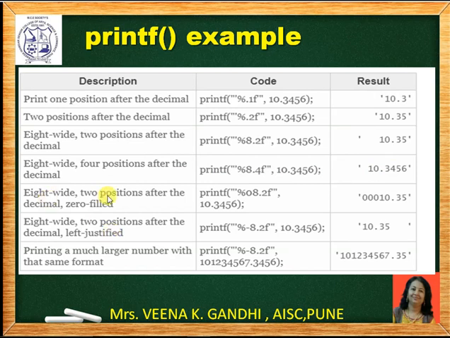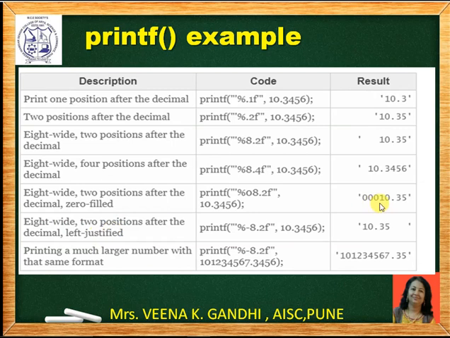Then 8 wide, 2 positions after the decimal but 0 filled, means 8 wide and after the decimal point 2 places, so 10.35. Now the leading blanks are replaced by 0 because we have specified 0 as a flag here, so 0 will be padded instead of blanks. Then 8 wide, 2 positions after the decimal point and left justified.